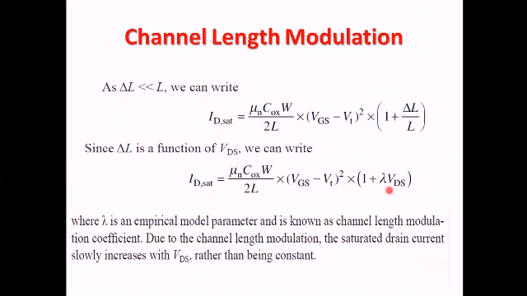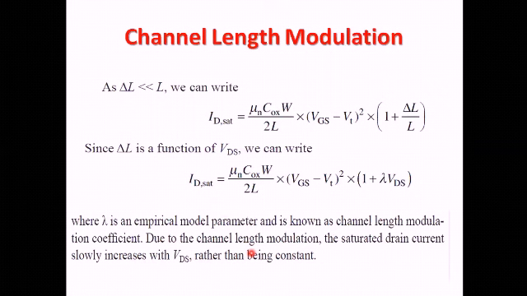Here this λ is an empirical model parameter and is known as the channel length modulation coefficient. Now, due to the channel length modulation, the saturated drain current slowly increases with VDS rather than being constant. This we came to know from this formula. Now, I hope this channel length modulation is clear to all of you.